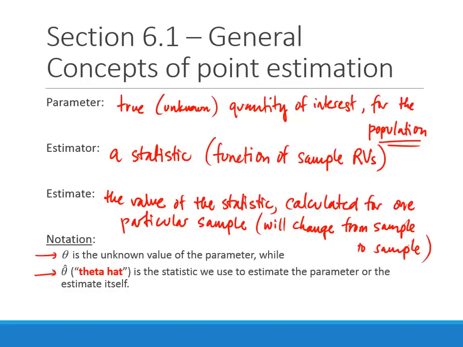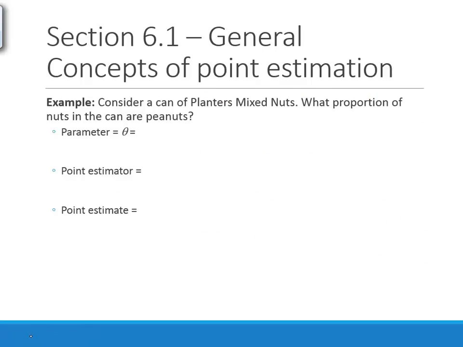Okay, let me do a quick example here to illustrate exactly what I'm talking about. Think about a can of Planters mixed nuts. I could ask, what proportion of nuts in the can are going to be peanuts? You always hope there's more cashews in there, right? So here my parameter, my unknown value, what I'm interested in, is the population proportion.